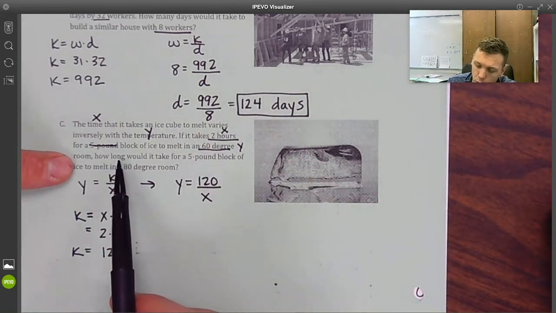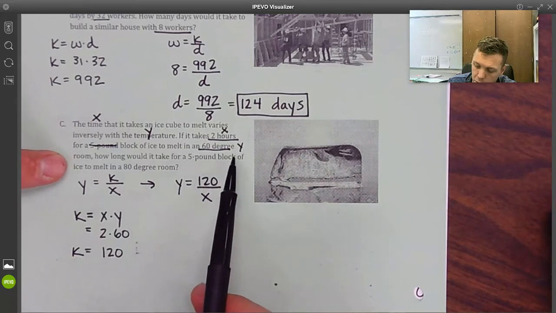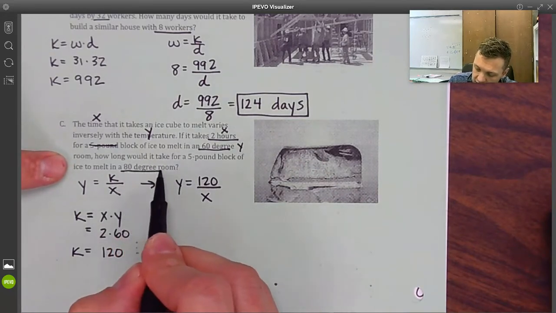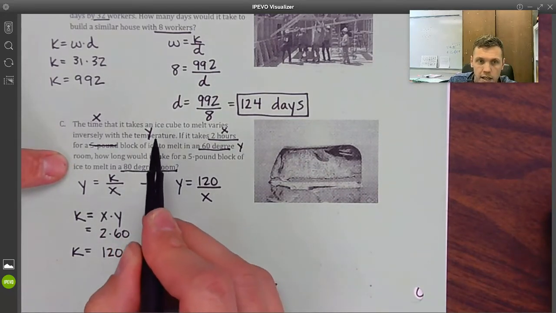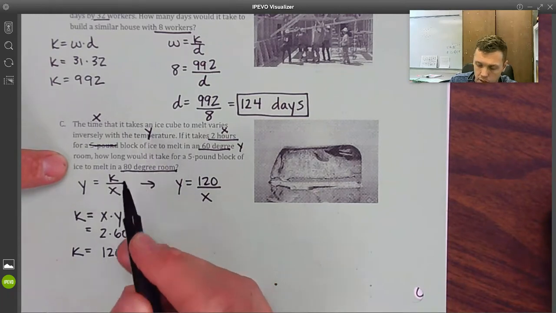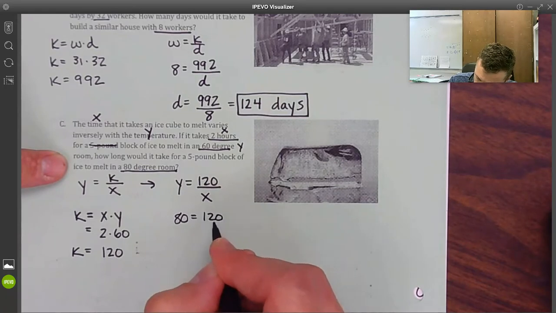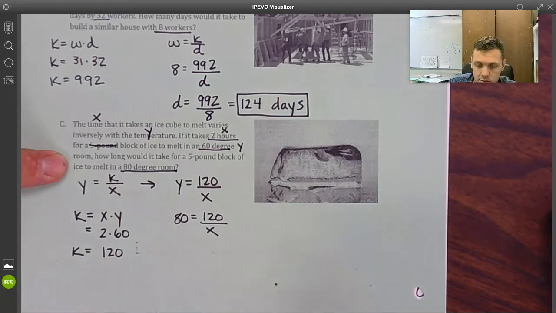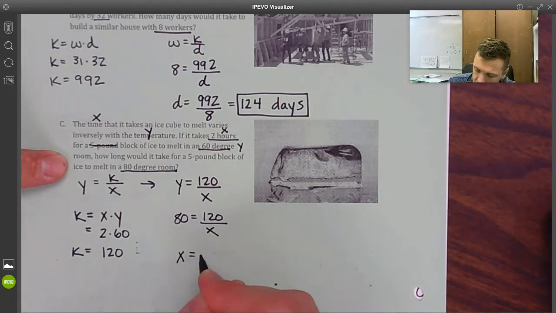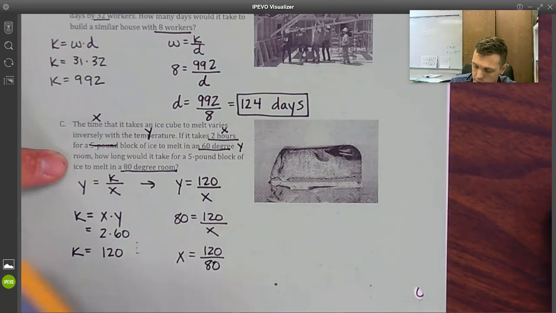We want to know how long would it take for a 5-pound block of ice to melt in an 80-degree room. Remember, Y is temperature. So we're going to say 80 equals 120 divided by X. X equals 120 divided by 80.